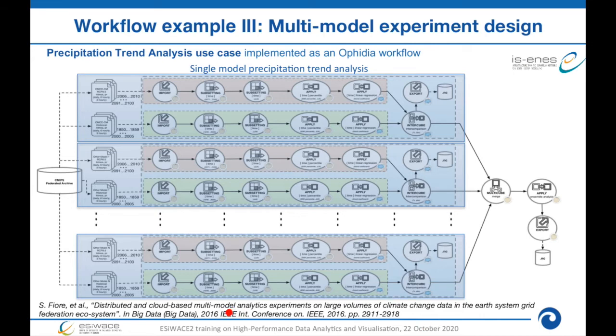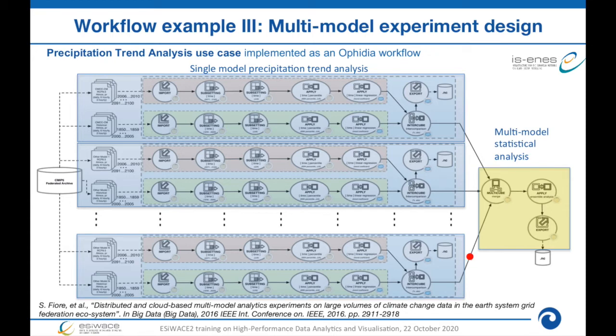This basically performs the import of the data, a temporal subsetting, and a data reduction operation, and then it computes the trend through a linear regression operation. And these two branches are then compared and produce a set of NetCDF files that can be used in the second part of the workflow, which is the single model precipitation trend analysis.